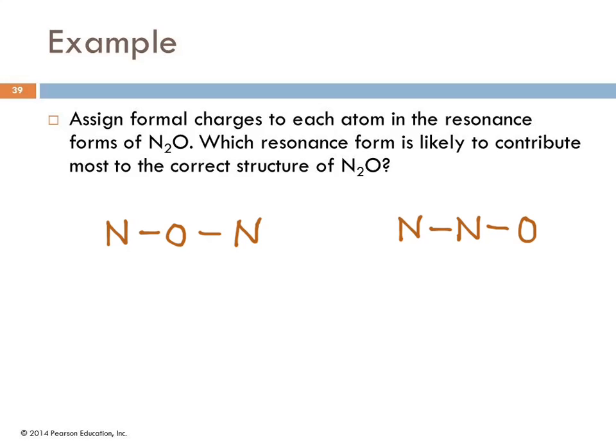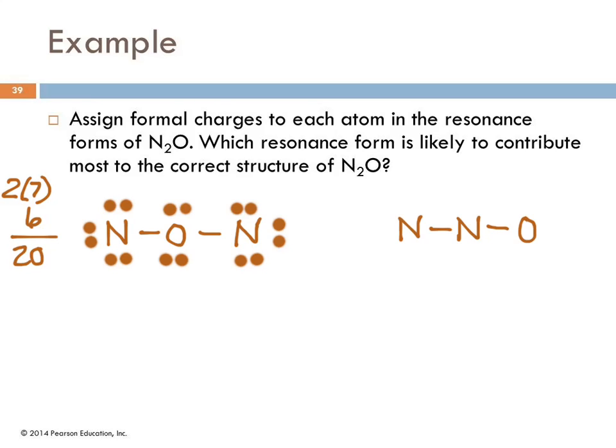We have 2 nitrogens and 1 oxygen. So 14 and 6, we have 20 electrons. So we're gonna throw those around. Here we've got 2, 4, 6, 8, 10, 12, 14, 16, 18, 20.